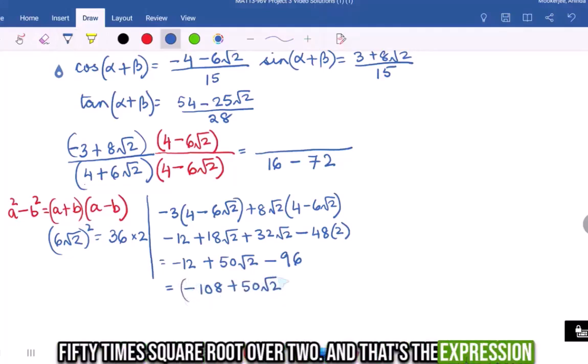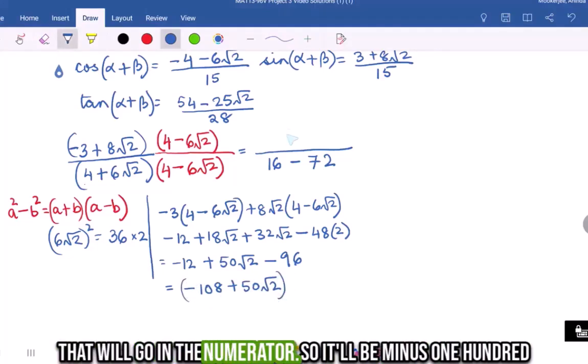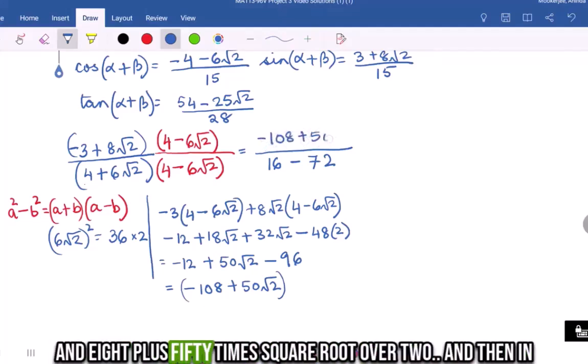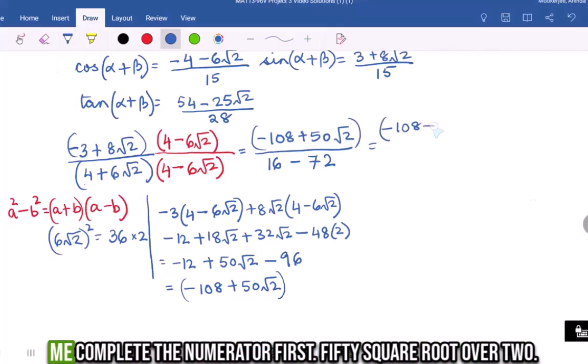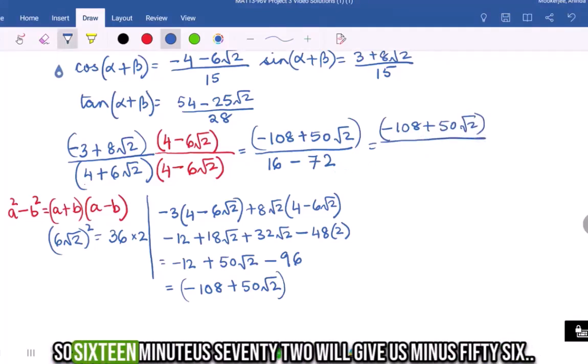And that's the expression that will go in the numerator. So it'll be minus 108 plus 50 times square root over 2. And then in the denominator, 16 minus 72 will give us minus 56.